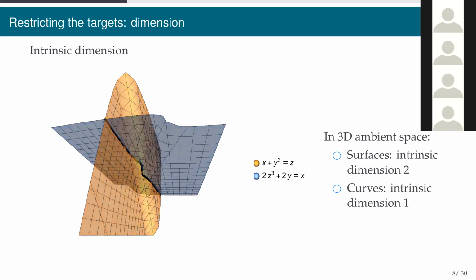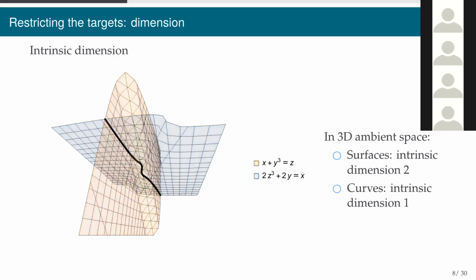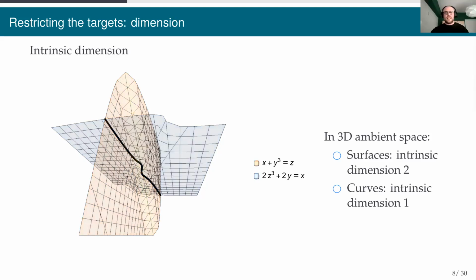For example, if you consider the intersection of these two surfaces, you get this curve in black. It's an algebraic set, and that will have intrinsic dimension 1. However, if you consider the linear spans of the elements of these surfaces or curves, they're going to be 3-dimensional. So intrinsic really means that it has nothing to do with the ambient dimension.